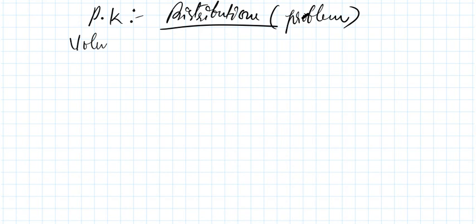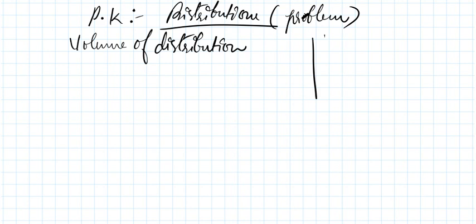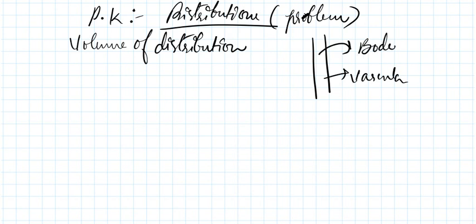Volume of distribution. If a drug is given to a patient, the drug goes into the body of the patient. It goes into the blood column, which is the vascular component. From there it goes into the body tissues.